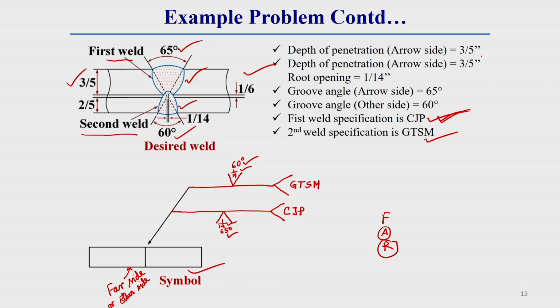Here the depth of penetration is 3/5 inch for the arrow side, and for the other side the depth of penetration is 2/5 inch.